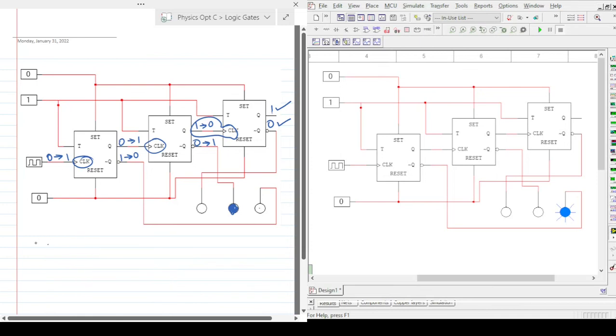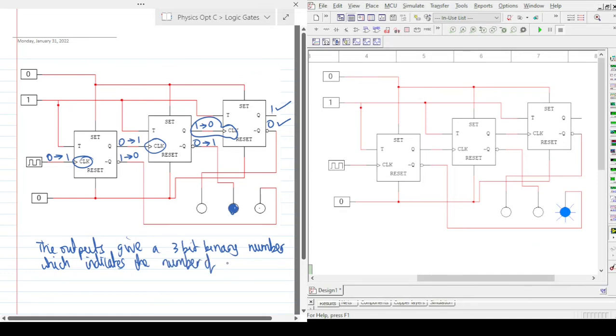So we'll say here the outputs give a 3-bit binary number which indicates the number of rising clock edges on the input side of the first flip-flop.